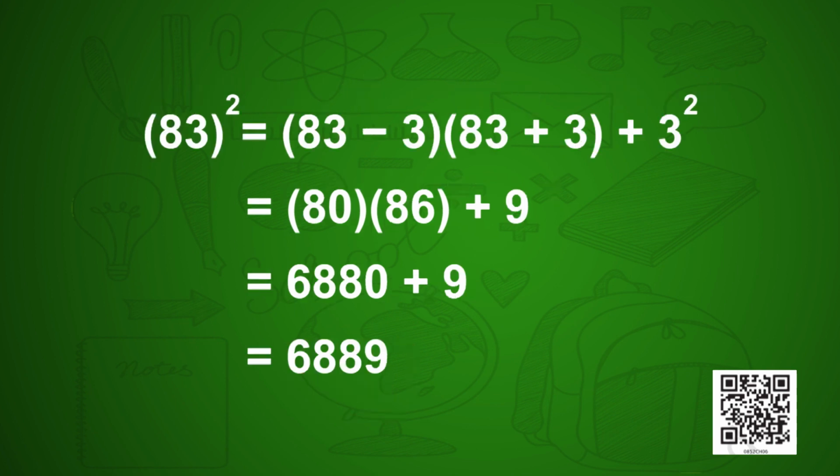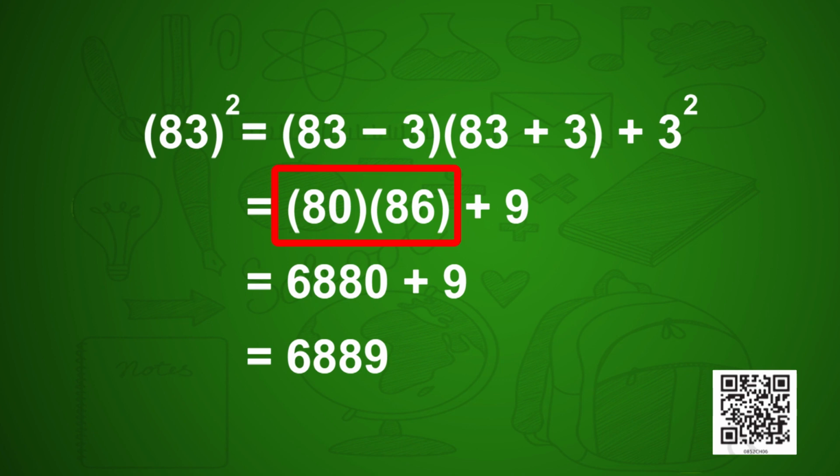Here let's take up another example. Let's find 83 whole square. In the given number, the unit digit is 3. So find the square of 3. 3 square is equal to 9. Let's find two numbers by adding and subtracting 3 from 83. So 83 minus 3 is equal to 80 and 83 plus 3 is equal to 86.